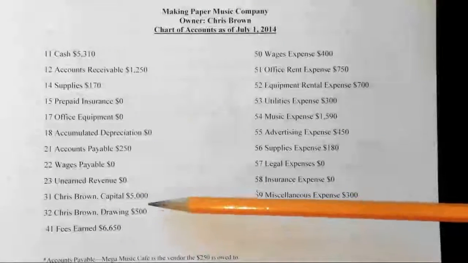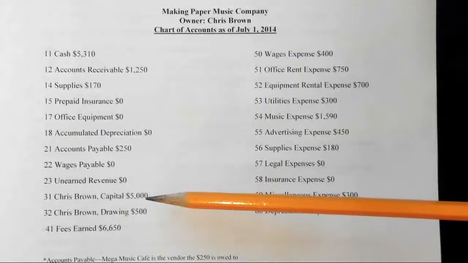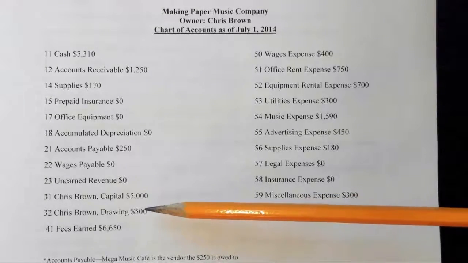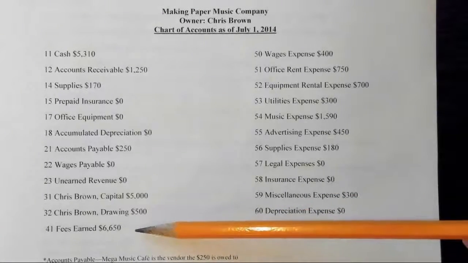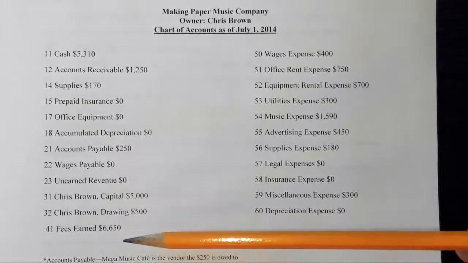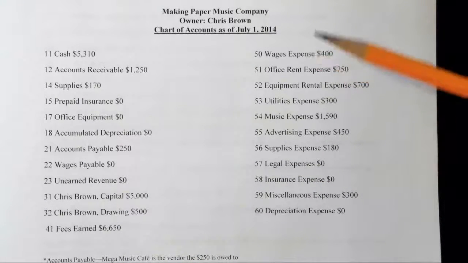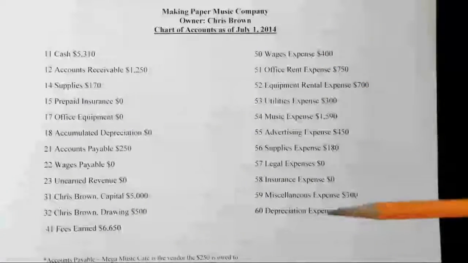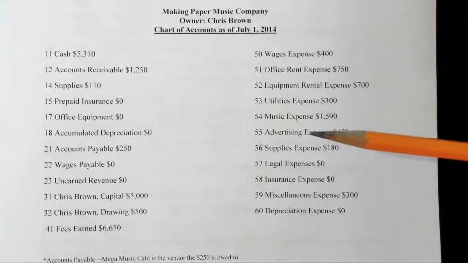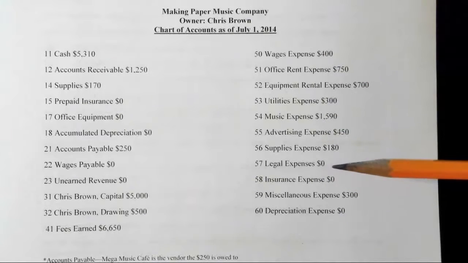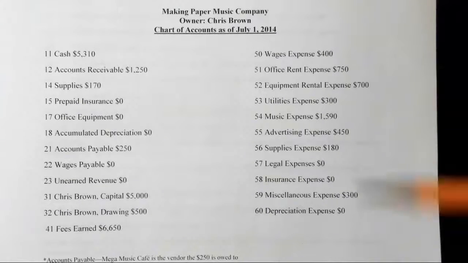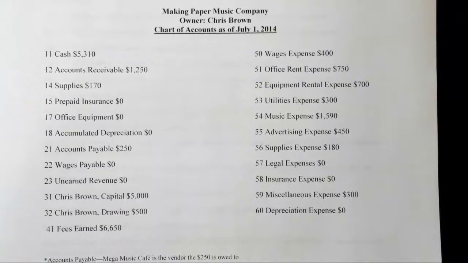Equity accounts start with a 3. So we've got Chris Brown Capital, Chris Brown Drawing. Fees earned, which is revenue, starts with a number 4. And expenses generally start with a number 5. And we have all of these expenses. Some of these accounts already have amounts in them, some of them don't. We will get to the account balances shortly.